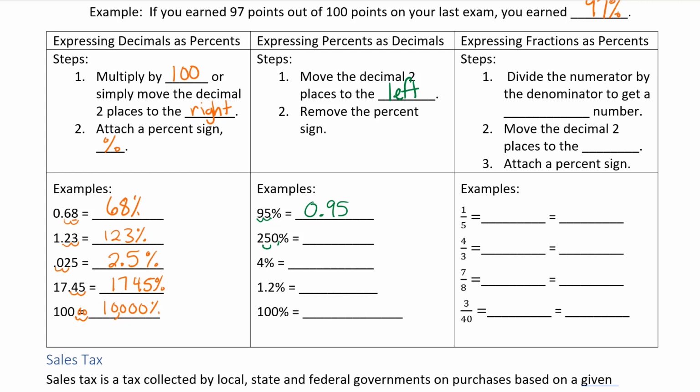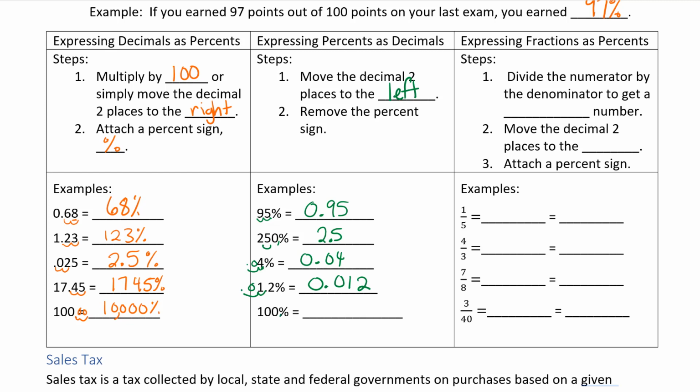250%, if I move the decimal over, that's 2.5 as a decimal. On 4%, the decimal is right after the 4, so if I move it over 2 places to the left, that's 0.04, and I'm going to go ahead and put a 0 in front of that, which is the ones place. 1.2%, move the decimal over 2 places, and fill in the zeros, so that's 0.012.